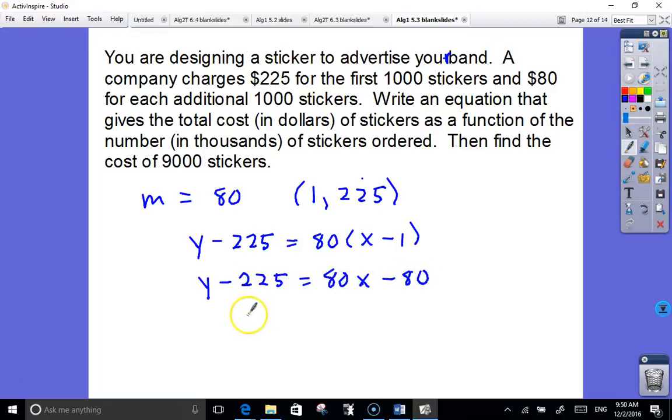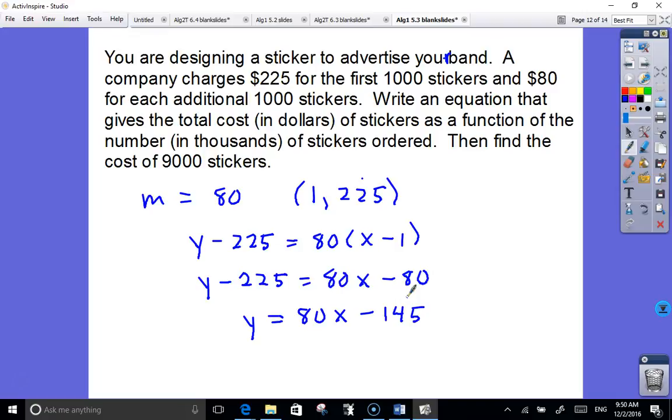Add 225. What's 225 minus 80? 145. Okay.